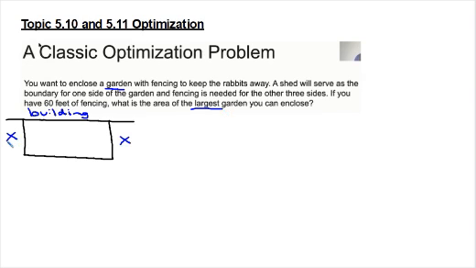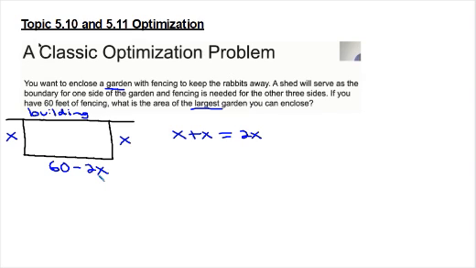Now we want to stick with one variable, of course. So let's think about this. x plus x is going to be 2x. Those two we know are the same. What's left for this? Isn't it just 60 minus 2x?